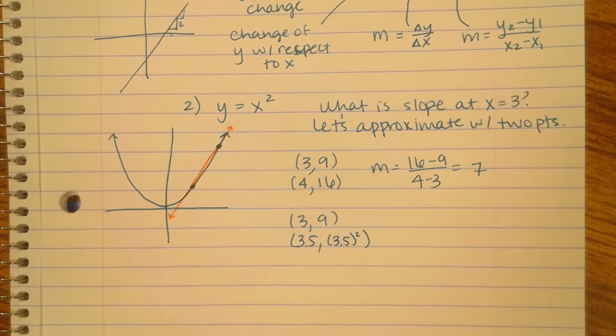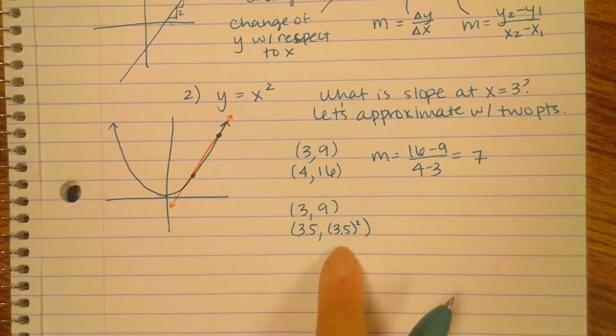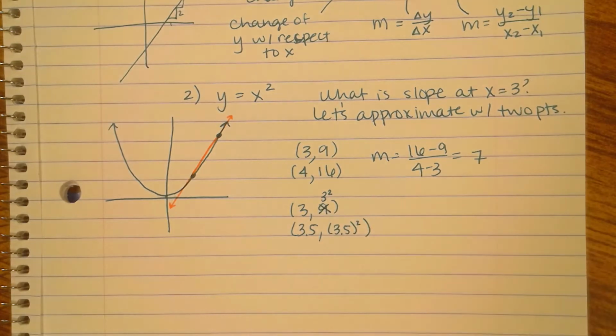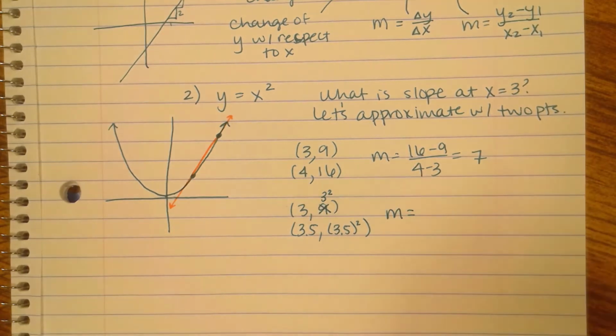So we would have to evaluate that into the original function. We'd put in x equals 3.5 and square it to get our y value. And just so we can get the hang of it, I'm going to rewrite 9 also as 3 squared, and you'll see why I'm writing it that way in a little bit. But I can find the slope between those two points too.